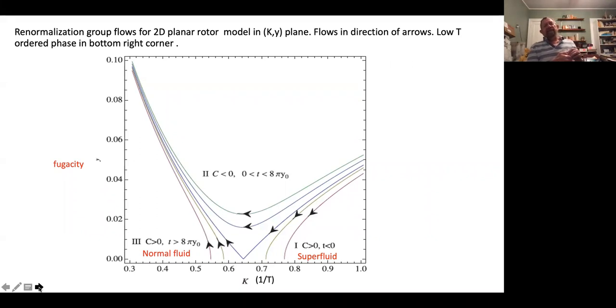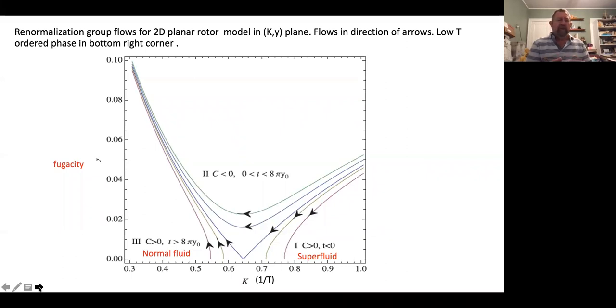The direction and the lines indicate how the parameters change as the scaling parameter L increases. And we see that the flows split up into two types.